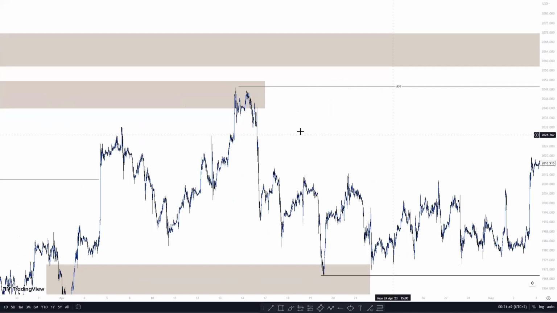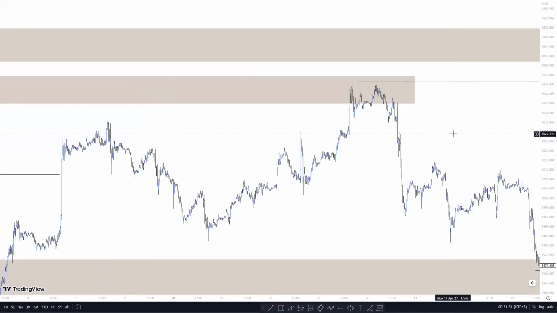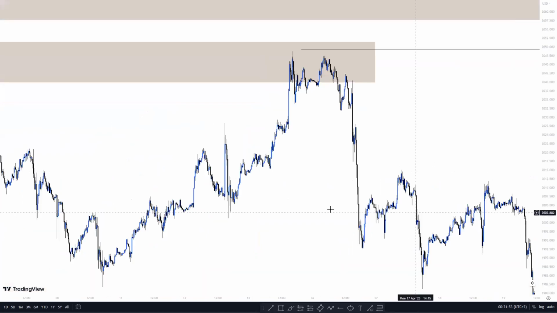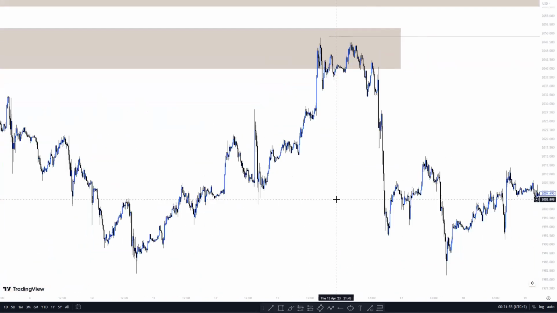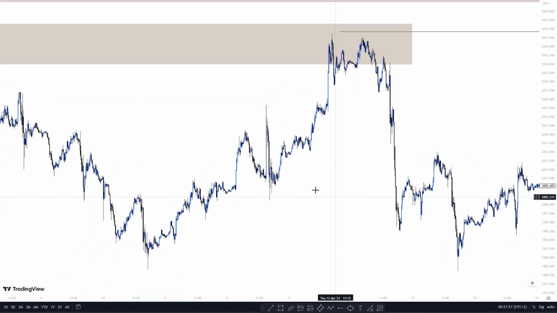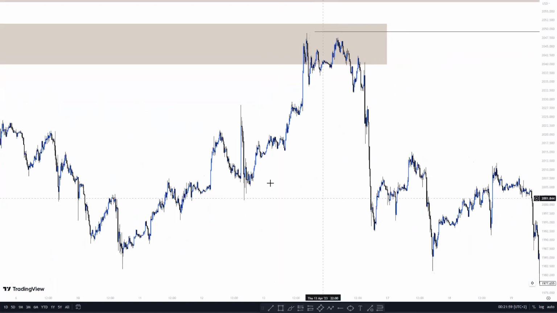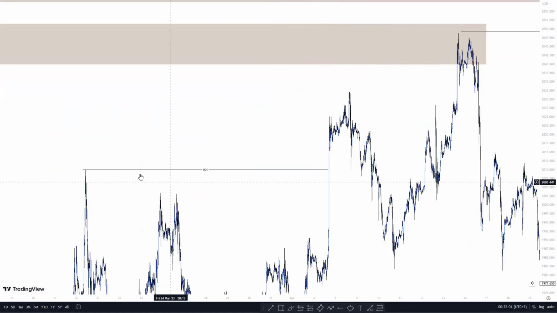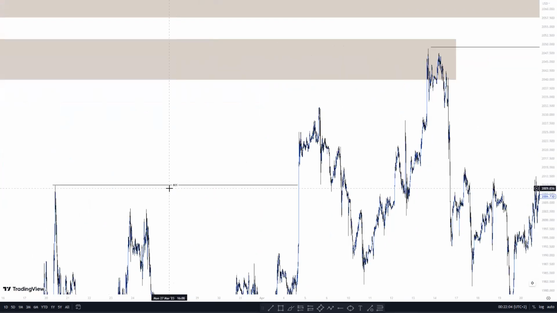Actually, let's have a look at this one. I think this one was a nice one. Let's see how we are going to take this. Already we had the break of structure here. After the break of structure, we said we'll mark our point of interest. This is a point of interest.